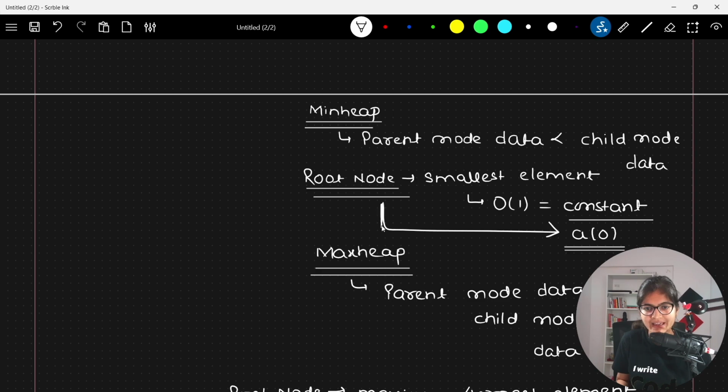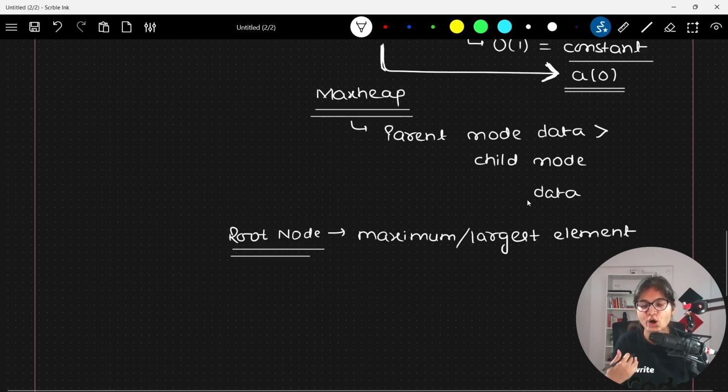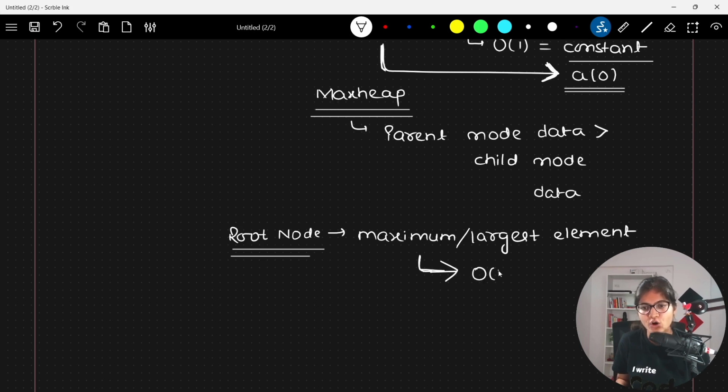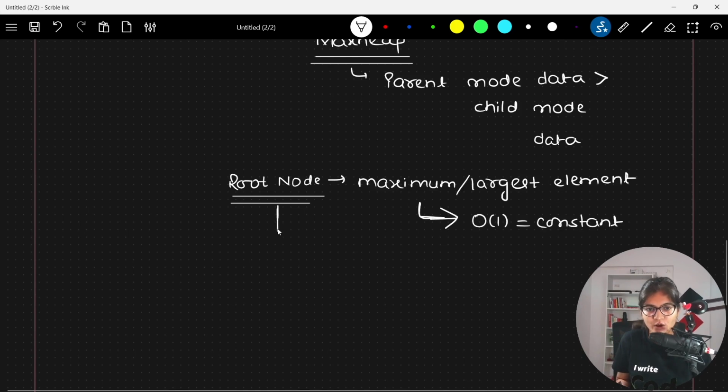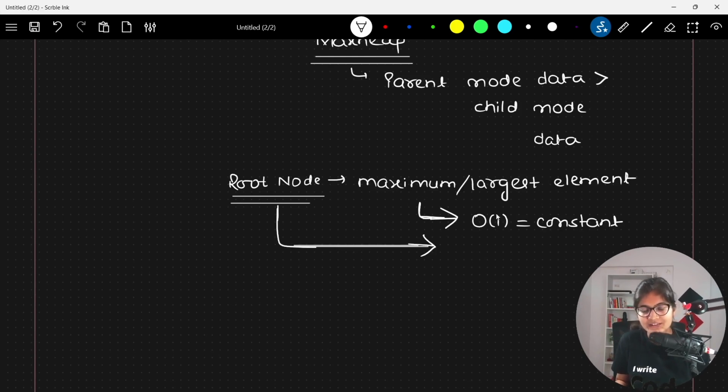Because the root node has the index of 0 in a Minheap. Similarly, suppose you want to find the maximum element in an array using a Maxheap tree, the time complexity will be big O of 1, or constant. Again, if you observe, this will also take constant time complexity. Why?